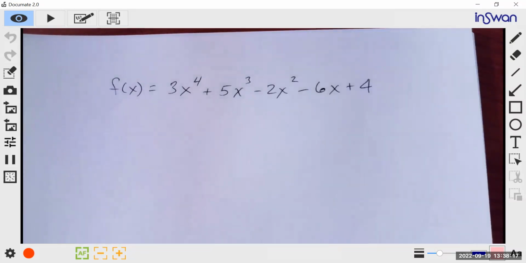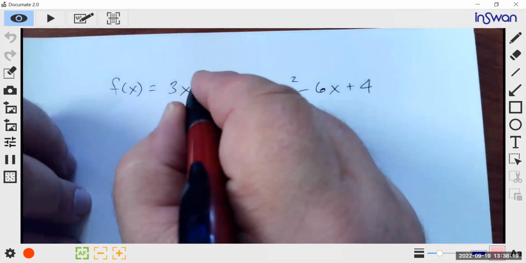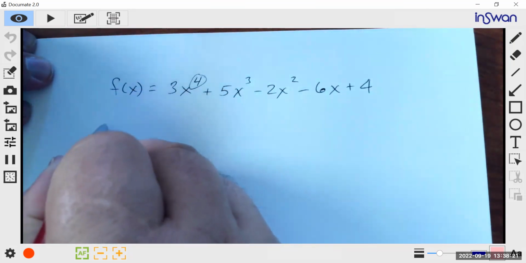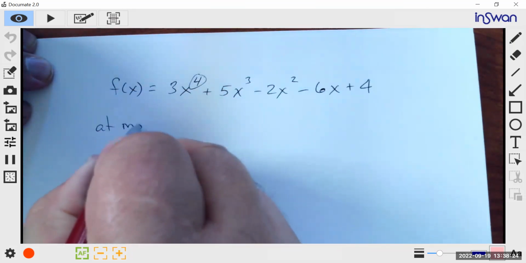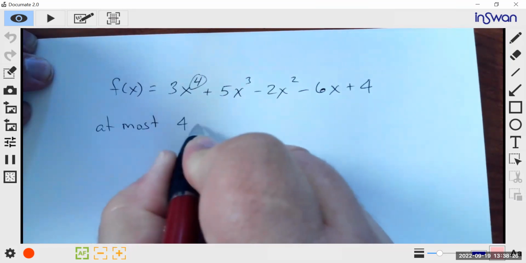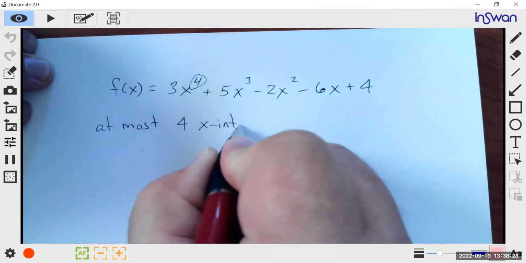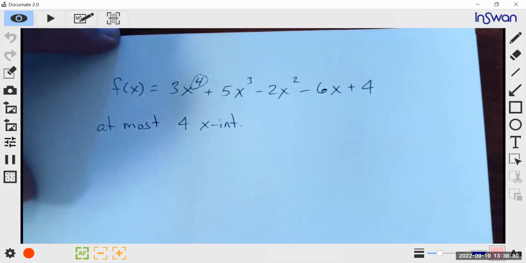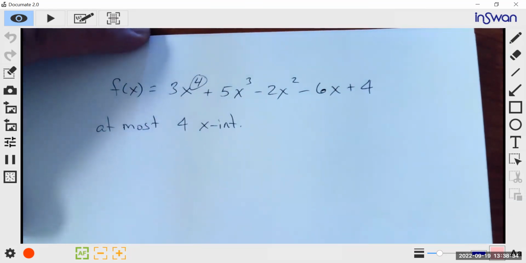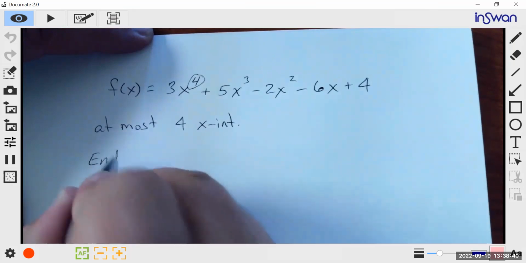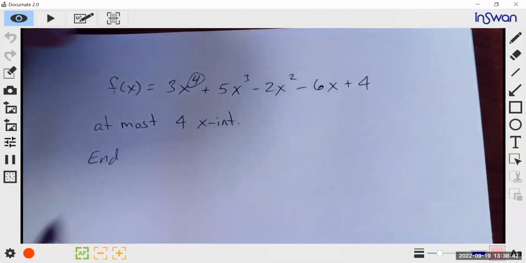This 4 tells us we'll have at most 4 x-intercepts. What else do you know? What do we know about the end behavior? End behavior is: what direction do both ends of the graph point?